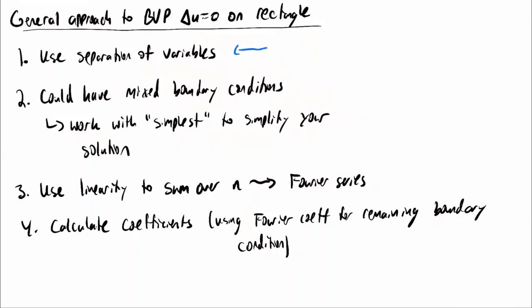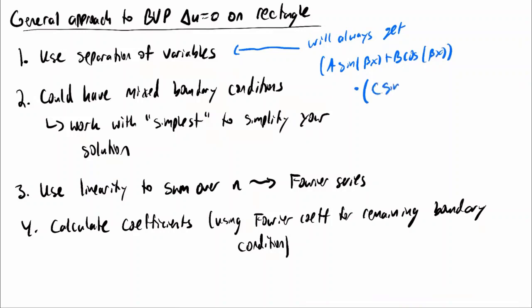Although it is worth pointing out that in step 1, you'll always get a times sine of beta x plus b times cosine beta x, times the hyperbolic trig, so say c times hyperbolic sine beta y plus d times hyperbolic cosine of beta y.